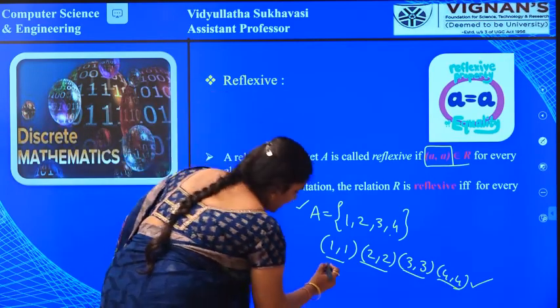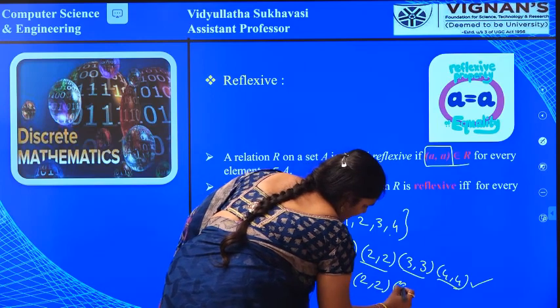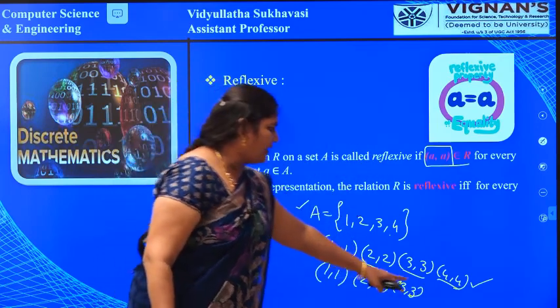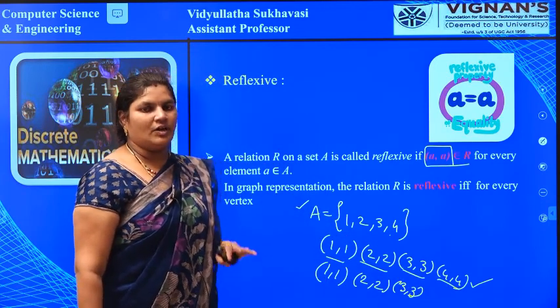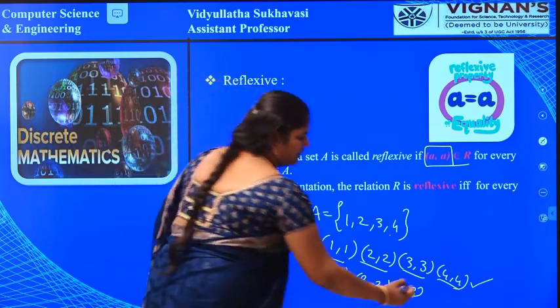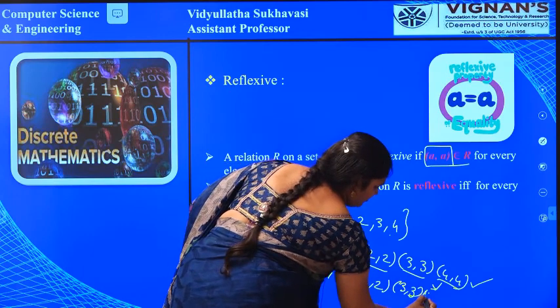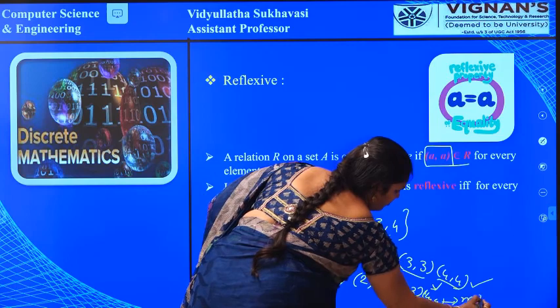Suppose the relation contains only 1 comma 1, 2 comma 2, 3 comma 3, and doesn't have the 4 comma 4 ordered pair. Then we will not say that it is satisfying the reflexive property, because the 4 comma 4 ordered pair is missing.